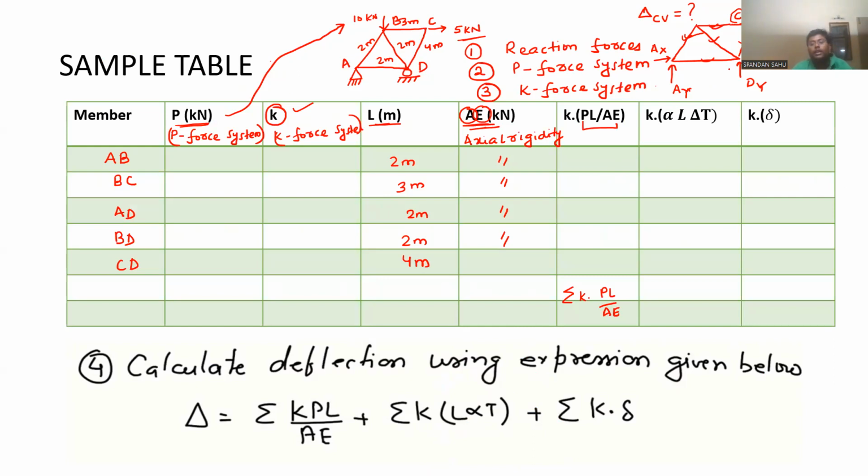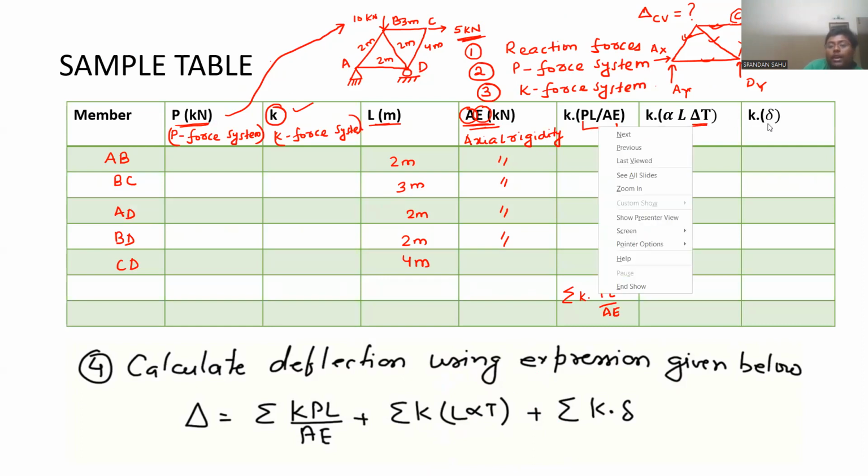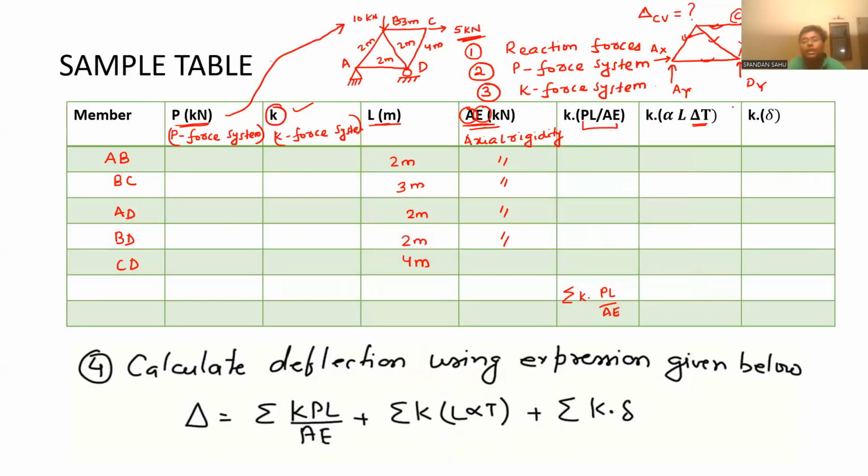But apart from only external loads, at times there might be a variation in temperature for a given member, or a member might have been shortened or lengthened, which we call lack of fit, due to which some reaction forces will arise.